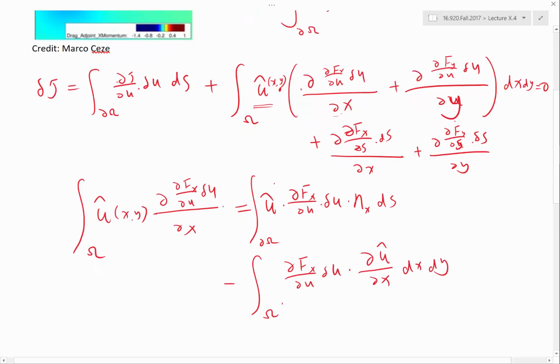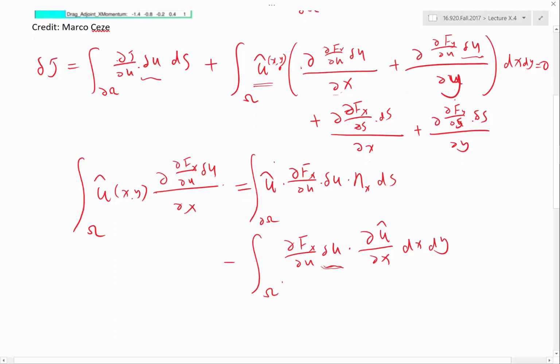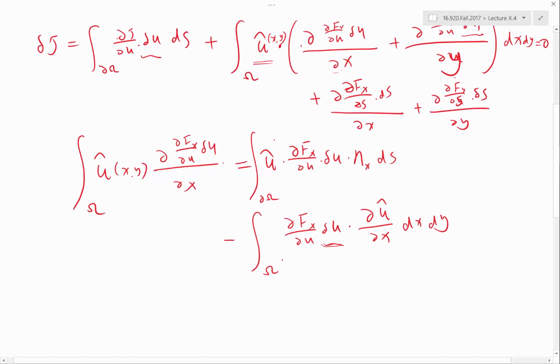So here we have successfully pulled this delta u out of this differential operator, right? I probably don't have time to do all of this, but what's next is to pull delta u also out of this, and that combines with delta u over here to form the adjoint equation. And the adjoint equation is something like this.